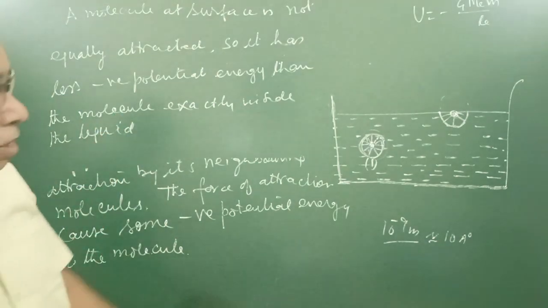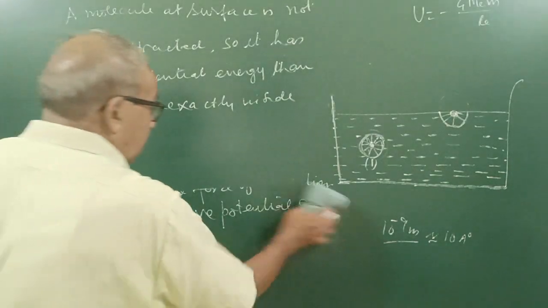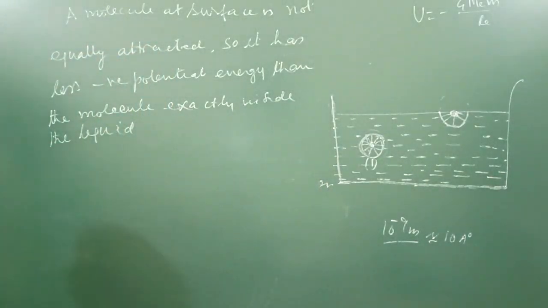Less negative means the potential energy of a molecule on the surface is a little higher than the energy of a molecule inside.